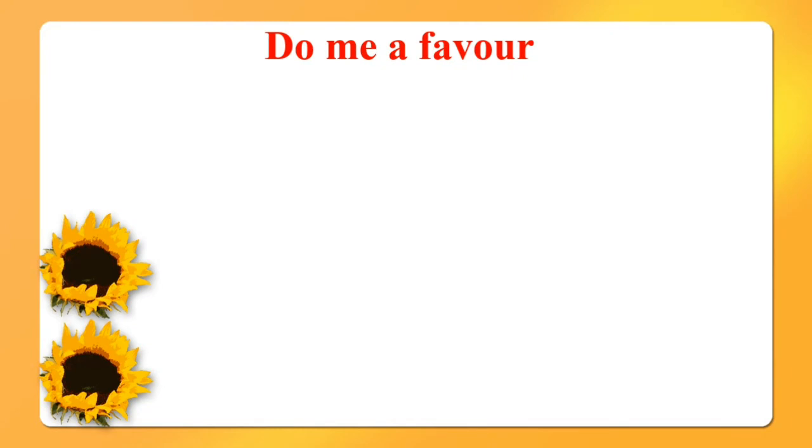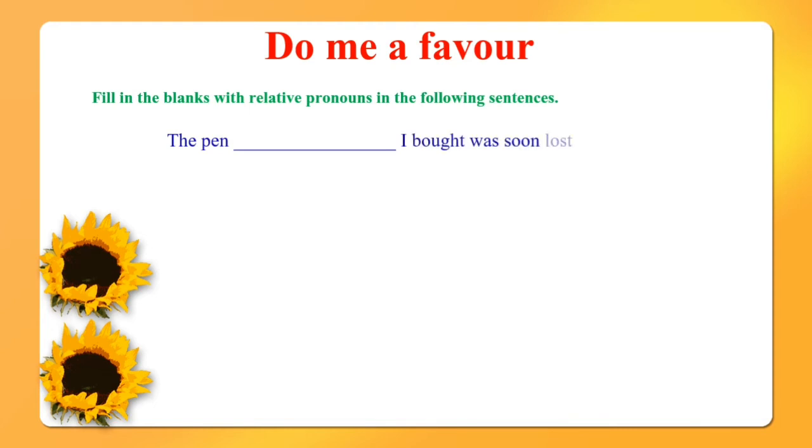Do me a favor. Here is a question for you. It's a quiz. Fill in the blanks with the relative pronouns in the following sentences. The pen blank I bought was soon lost by me. Here is the man blank I met yesterday.